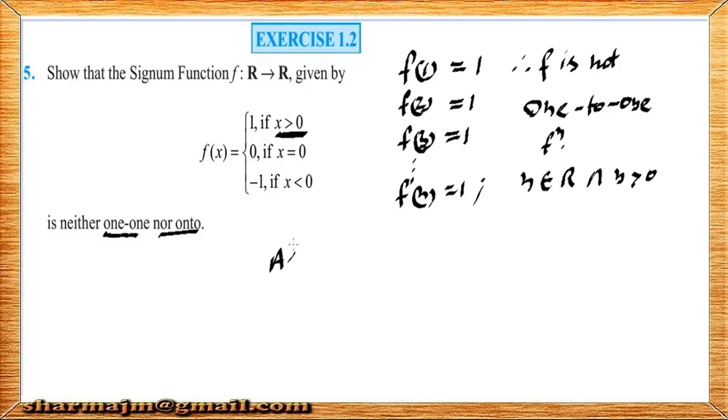Also, let y is equal to 1.1, which is in R, that is codomain.